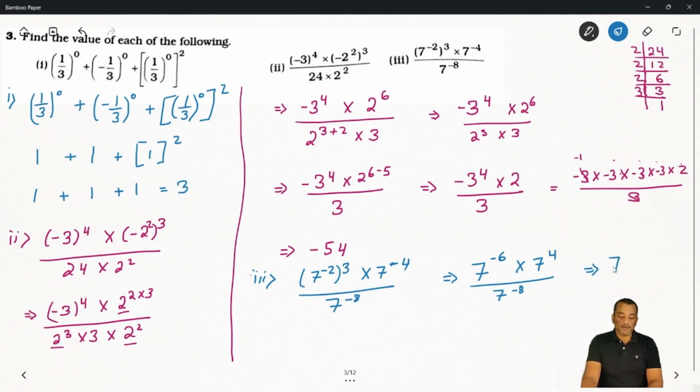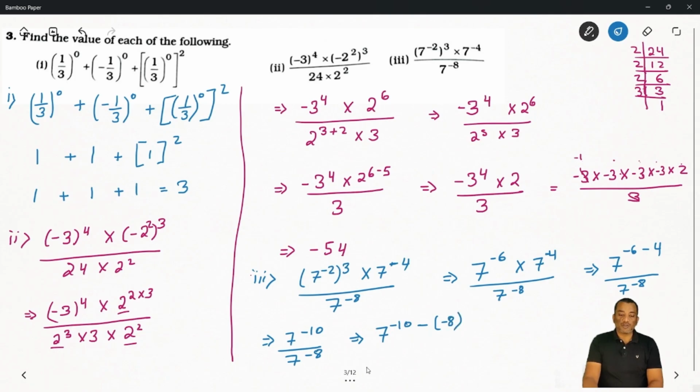So we can say 7 to power minus 6 plus minus 4 by 7 to power minus 8. So you will get here how much? You will get 7 to power minus 10 by 7 to power minus 8. Okay, now you can apply the quotient rule. So you can say 7 to power minus 10 minus minus 8.